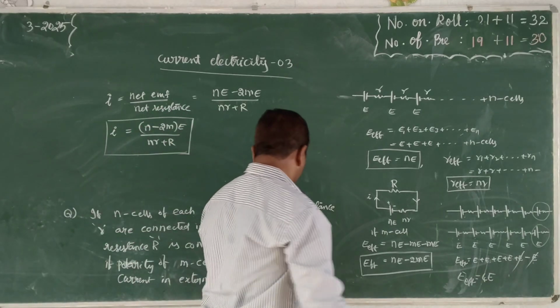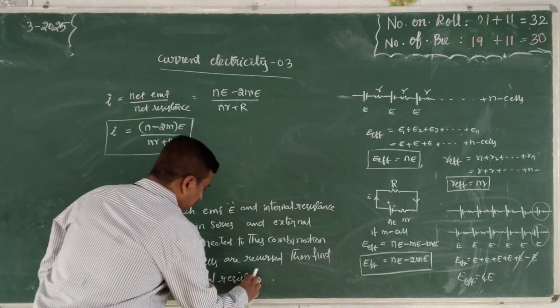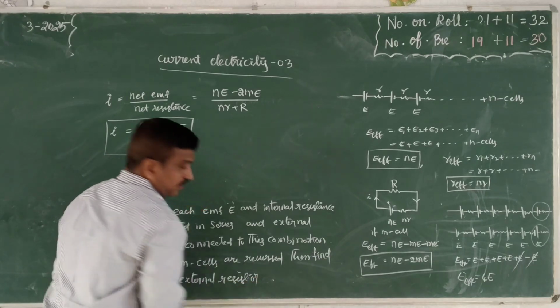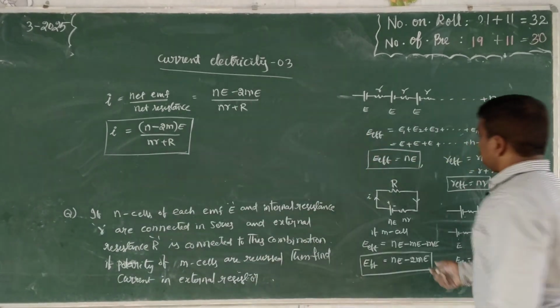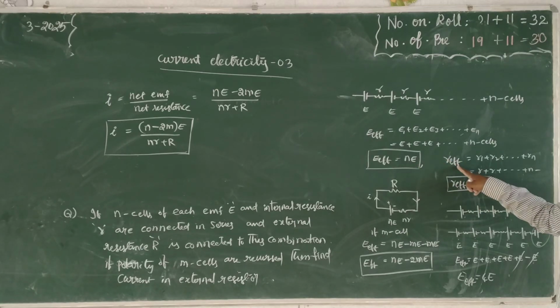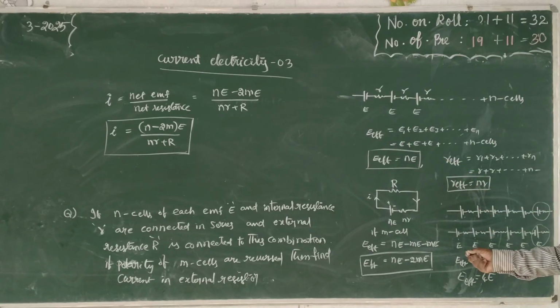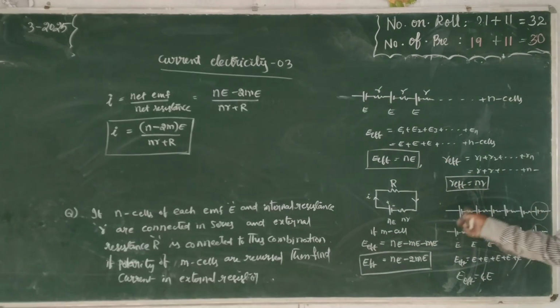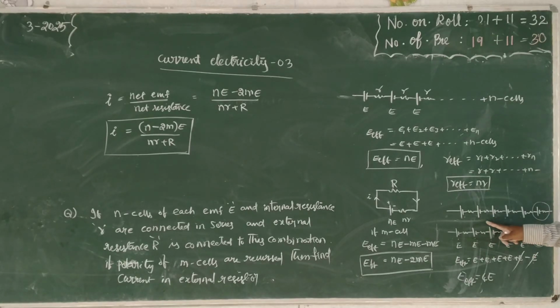First, N cells are connected in series. We get effective EMF NE and effective resistance NR. If M cells are reversed, for example, take 6 cells. One cell is removed and connected with polarity changed. Removed means minus 1, so 6 minus 1 is 5.